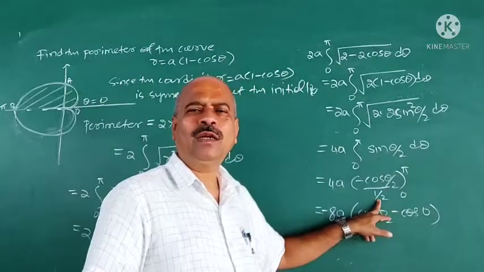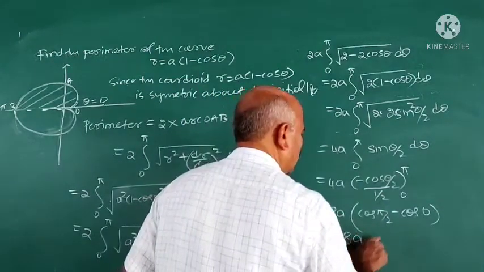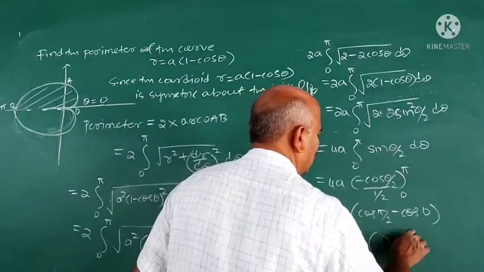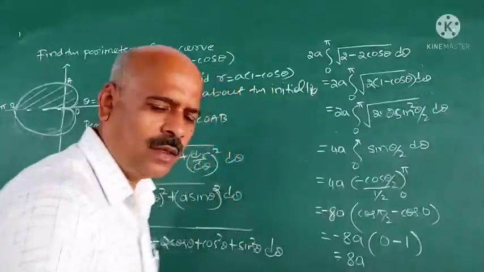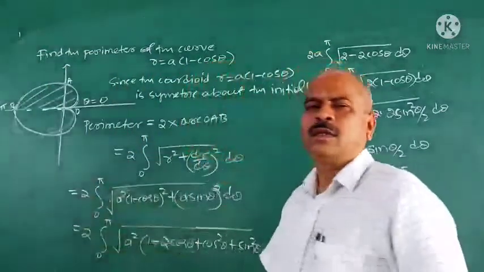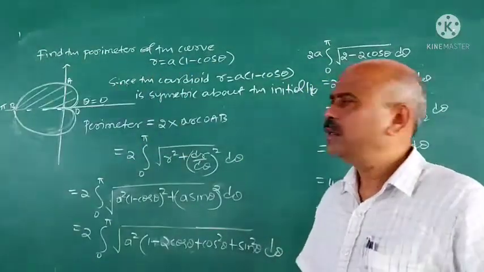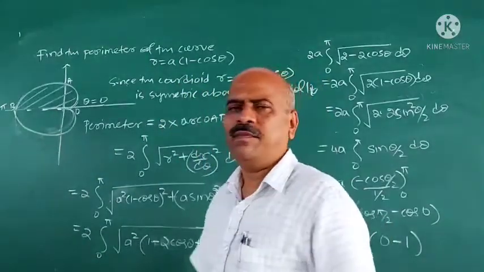I left this out. Make this correction. So minus 8a into cos π/2, which is 0, minus cos 0, which is 1. So plus 8a. Again, it is a standard form, a standard problem. Therefore the perimeter of the cardioid is 8a.